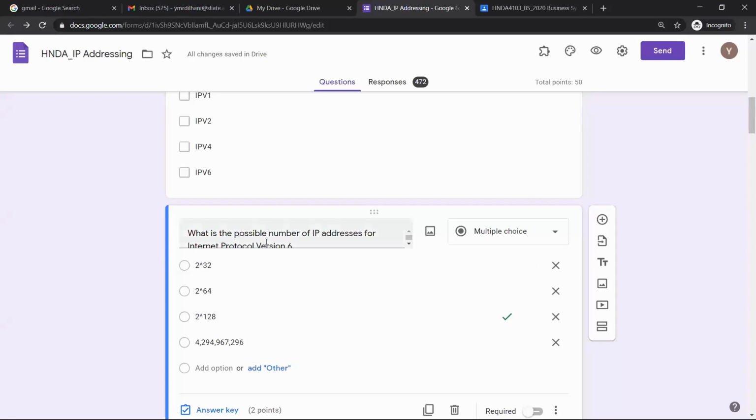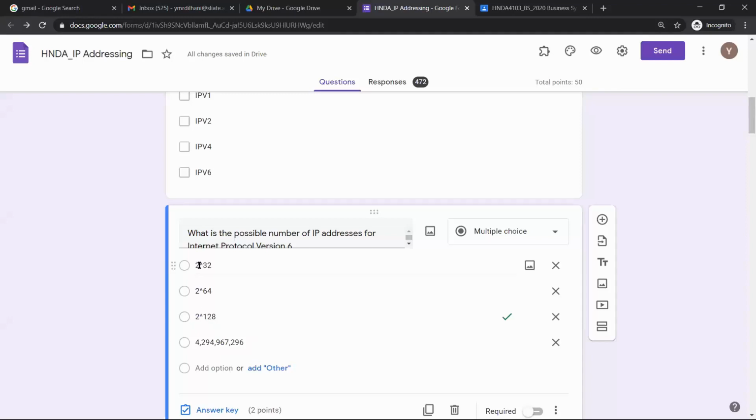But in this question, what I have asked is the possible number of IP addresses for Internet Protocol version 6. That means IPv6, which has 128 bits. So the number of IP addresses you can have is 2 to the power 128.